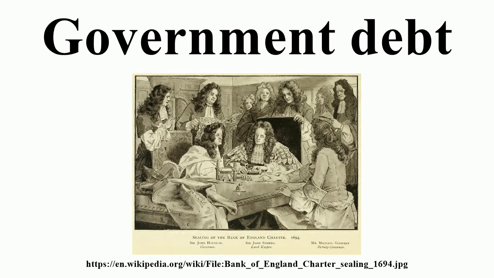From then on, the British government would never fail to repay its creditors. In the following centuries, other countries in Europe and later around the world adopted similar financial institutions to manage their government debt. In 1815, at the end of the Napoleonic Wars, British government debt reached a peak of more than 200% of GDP.